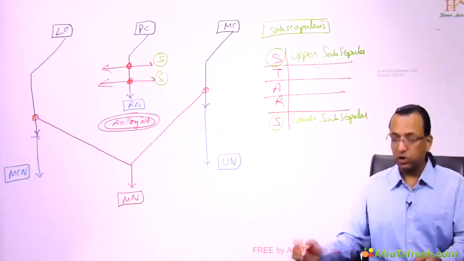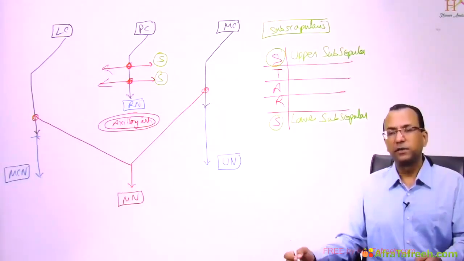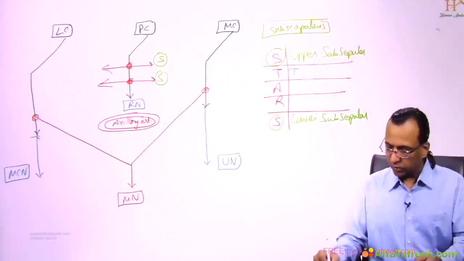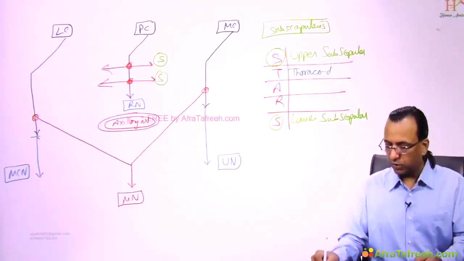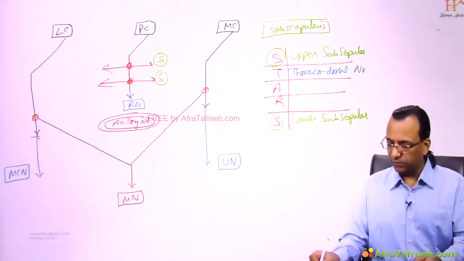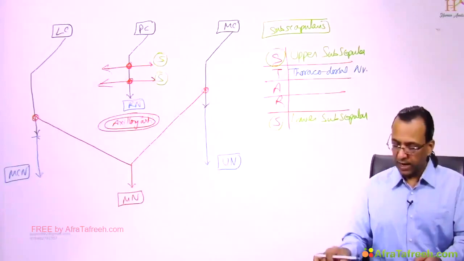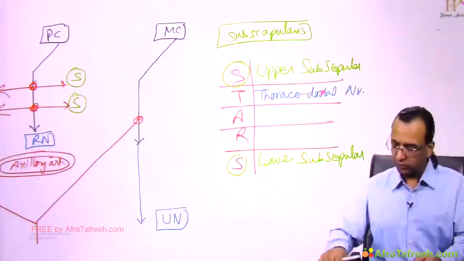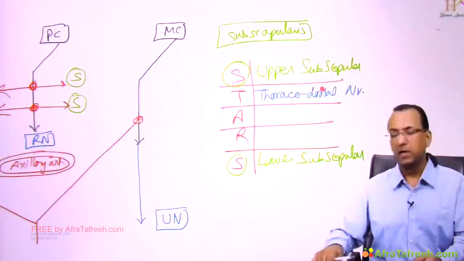Okay, then what about the other part? T is for the thoracodorsal nerve. It is going dorsal to the thorax. Why? To supply a muscle of the lower back. And who is that muscle?